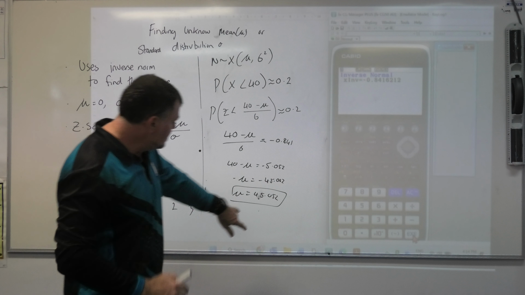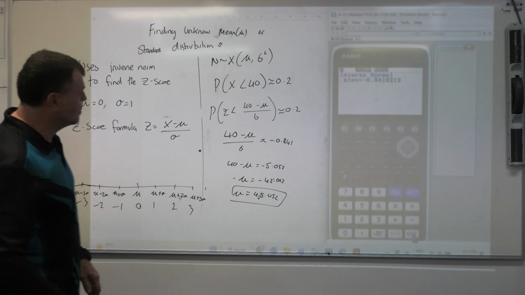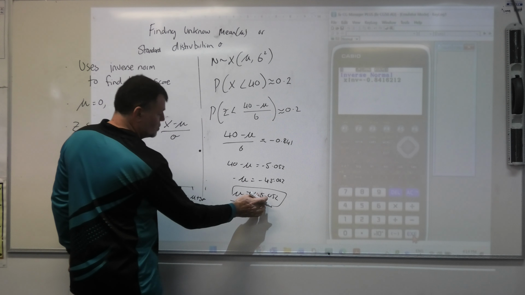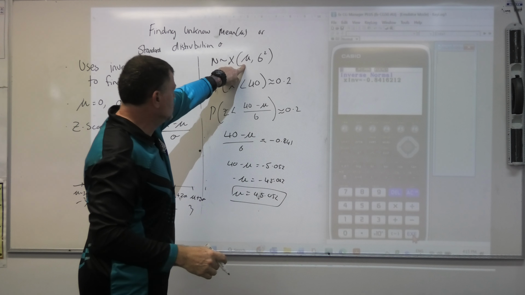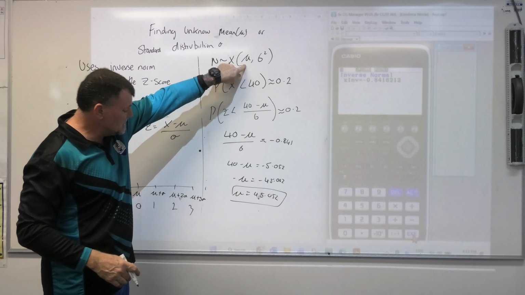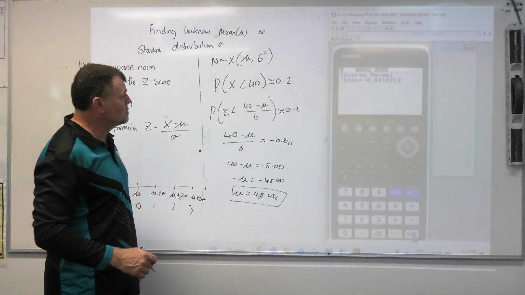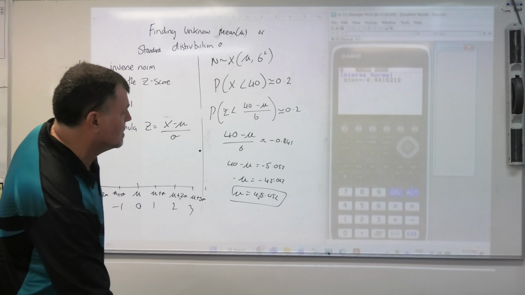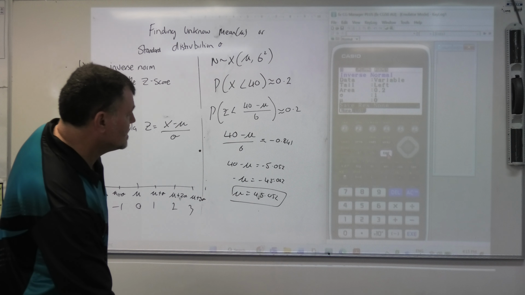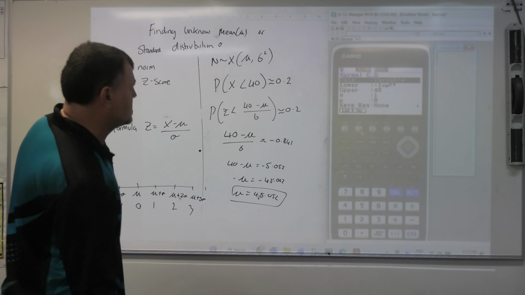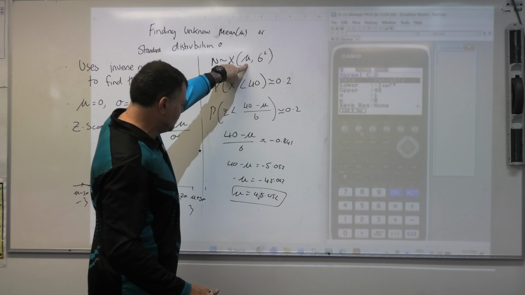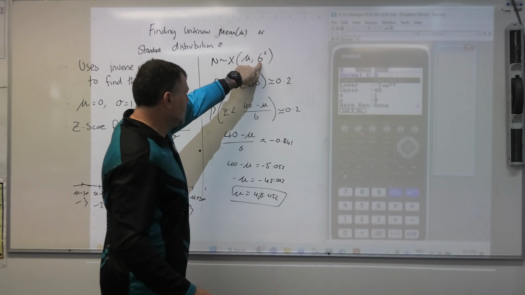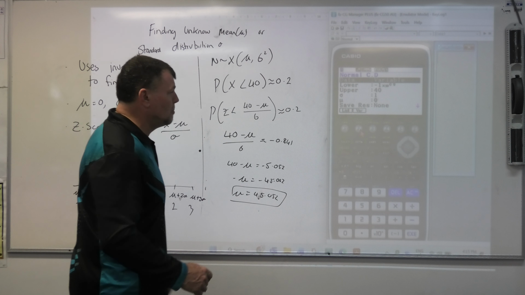How do we know this number is correct? The way we know is if we substitute the mean back into the distribution. Our distribution said we didn't have a mean, but we just calculated it as 45.052. So if we go back into the calculator and exit, go into distribution, normal, and this time normal CDF, we're going to find out if the mean is 45.052 and the deviation is 6, then we should get approximately 0.2.